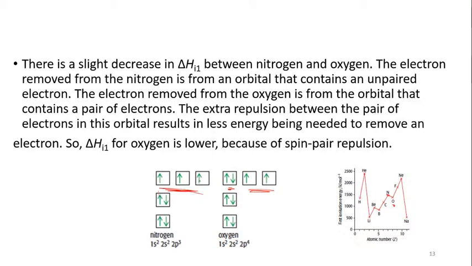In that case, oxygen would prefer to lose one electron and have half-filled p orbitals. This is why the ionization energy decreases slightly from nitrogen to oxygen, because it will prefer to lose this extra electron.